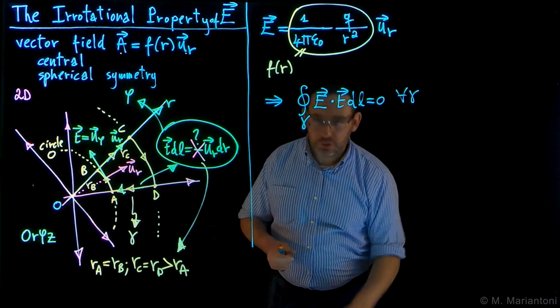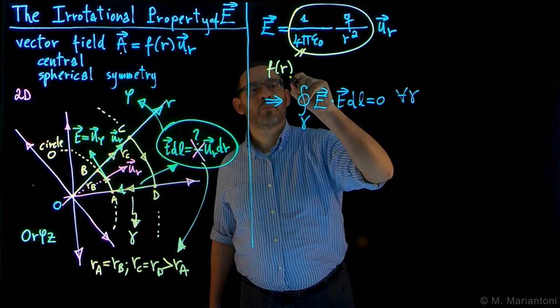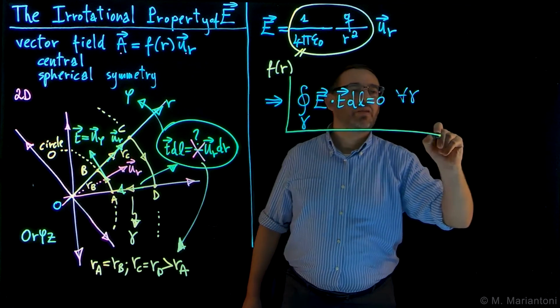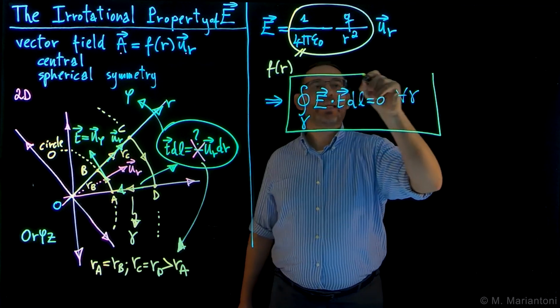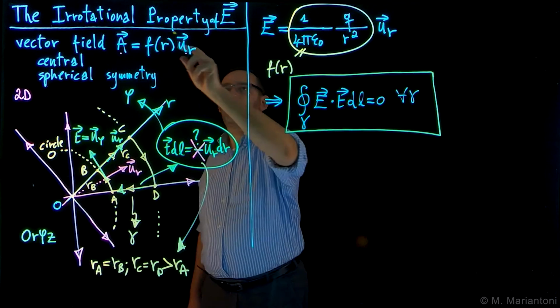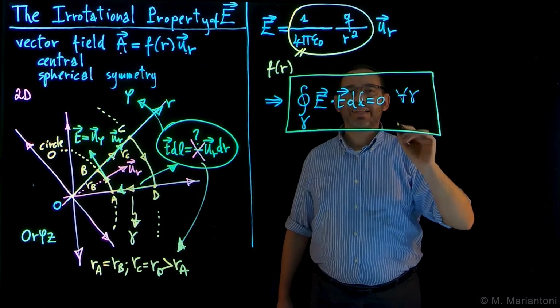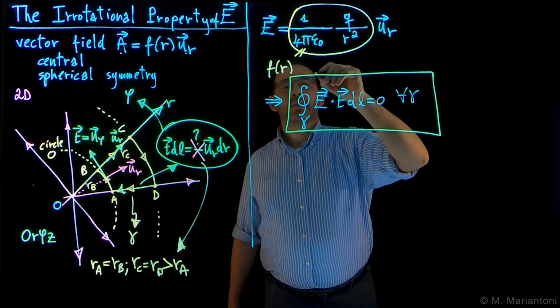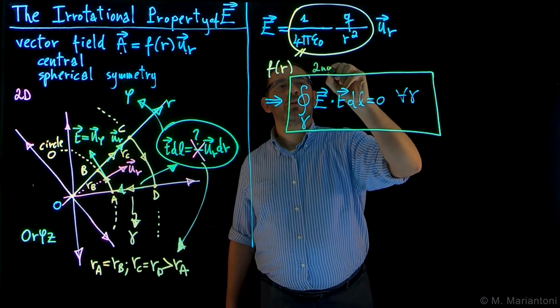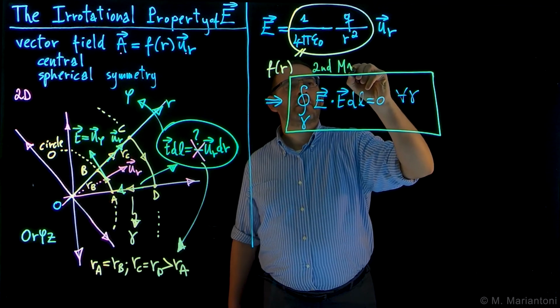So this, which I'm about to circle here in yellow, is the irrotational property of the electrostatic field E, and this is nothing but the second Maxwell equation in statics in integral form.